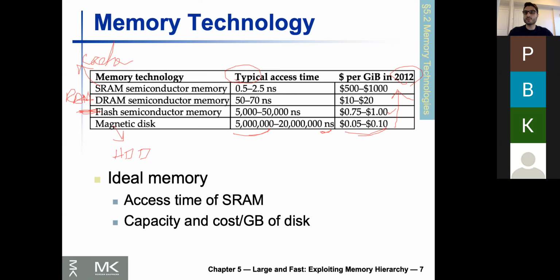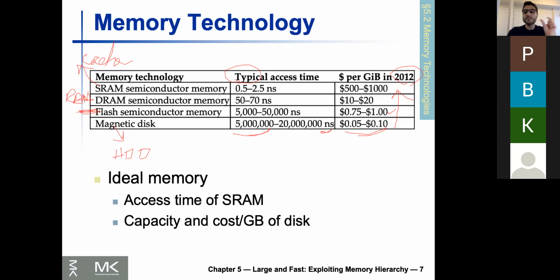Okay, let me answer some questions in chat. Once there's a hit, it copies the block of data up to the smaller cache for the next time. That's correct. Actually, once there's a hit, you already found it. If you were looking for the address of some data and found it in the L1 cache, that's a hit, and you just fetch it right away.